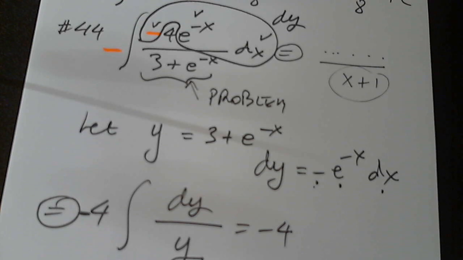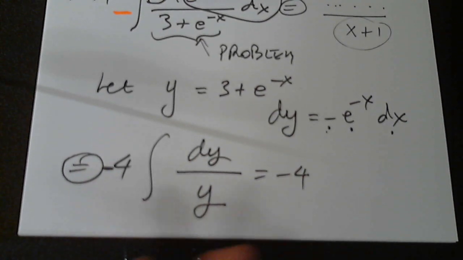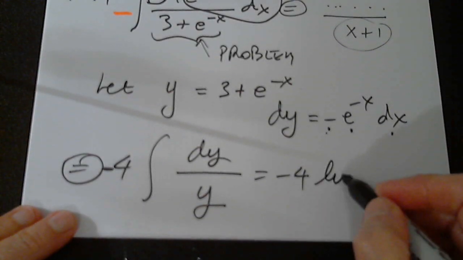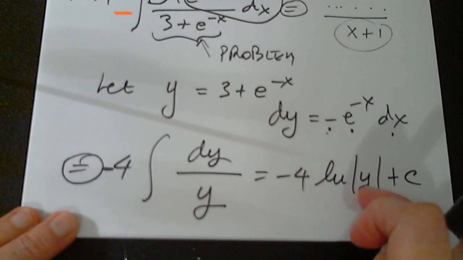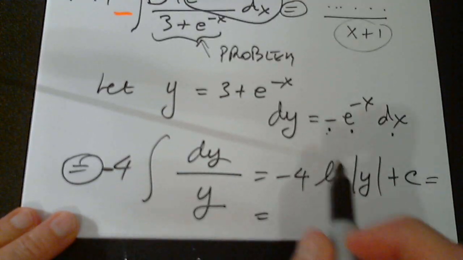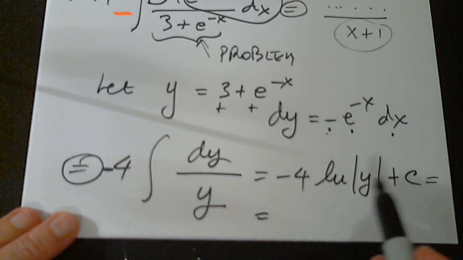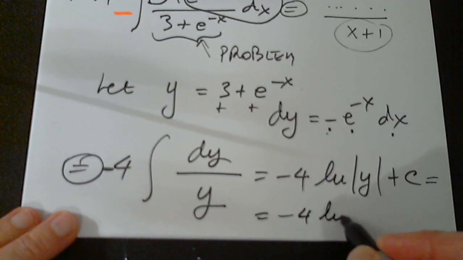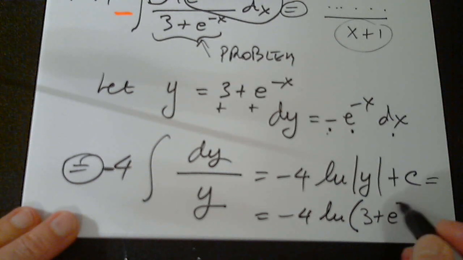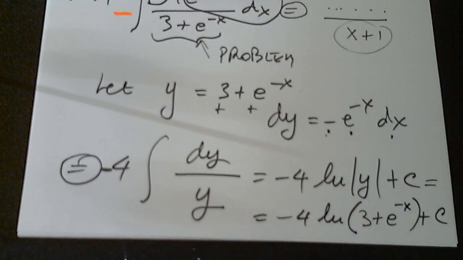Anyone? So that is a natural log of the absolute value of y plus a constant c. I have to go back and replace. Since this is positive and this is positive, I no longer need the absolute value bars on y. So negative 4 natural log parentheses 3 plus e to negative x plus a constant c.